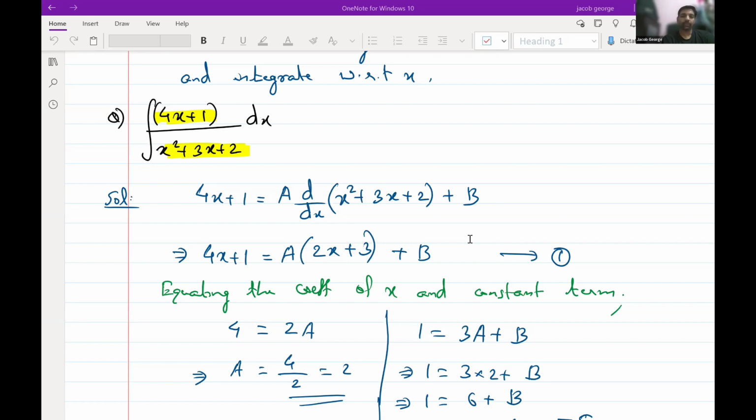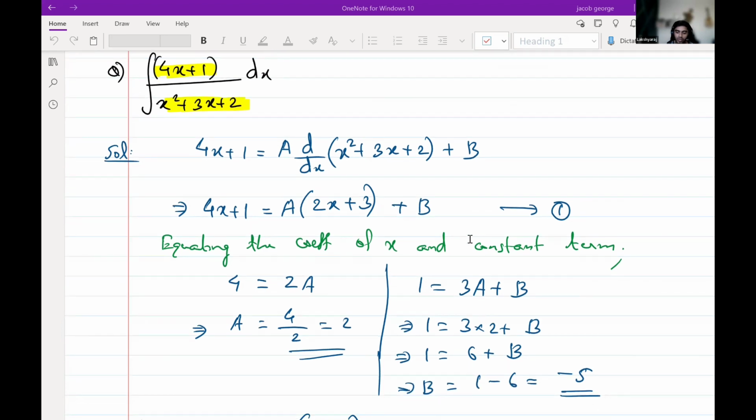Now we equate: 4 is equal to 2a, or a is equal to 4 by 2, which is 2. Then we equate the other one: 1 is equal to 3a plus b, or 1 is equal to 3 into 2 plus b. Equating first the coefficient of x, then the constant. Clear? Yes, sir.